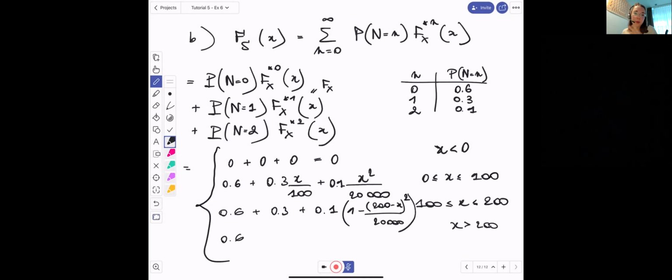Then our CDF will be 1, so we get again plus 0.3 on our second part, and then for the last part, the twofold convolution, we saw that it was equal to 1, so we get 0.1 on our third part, and if you sum this up, this is equal to 1. And you find your cumulative distribution function of your aggregate loss.